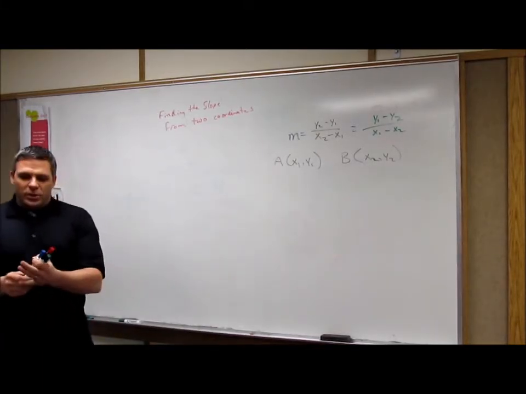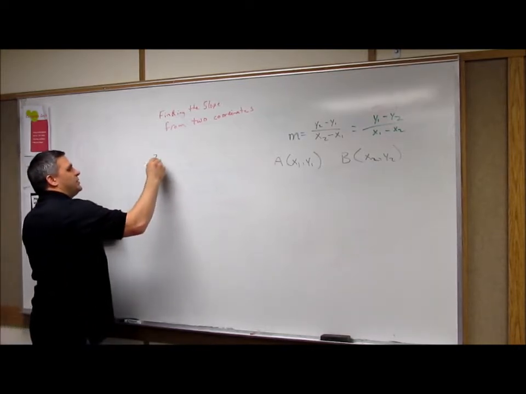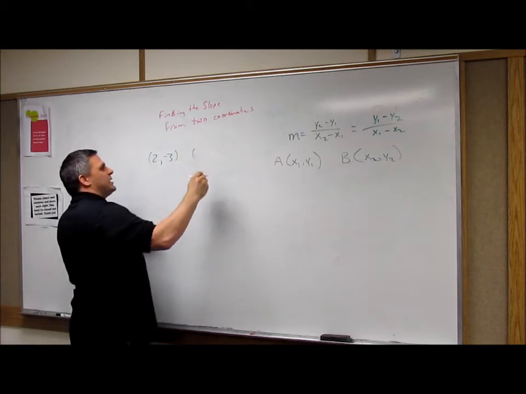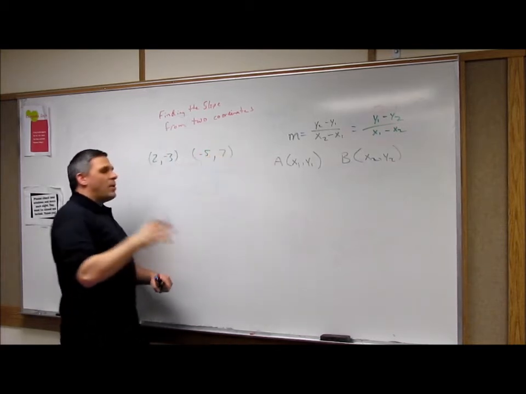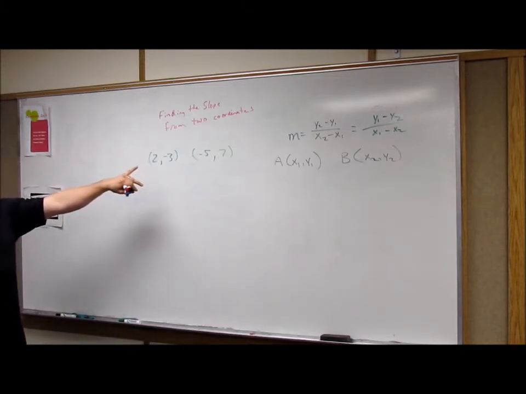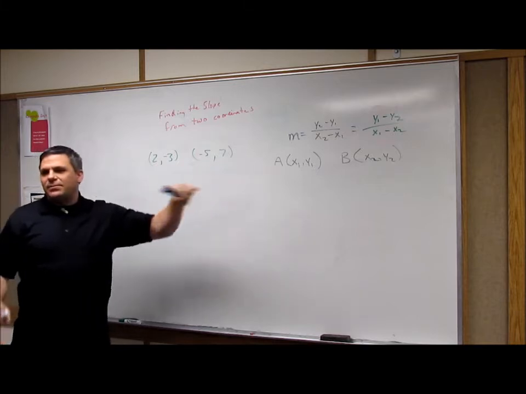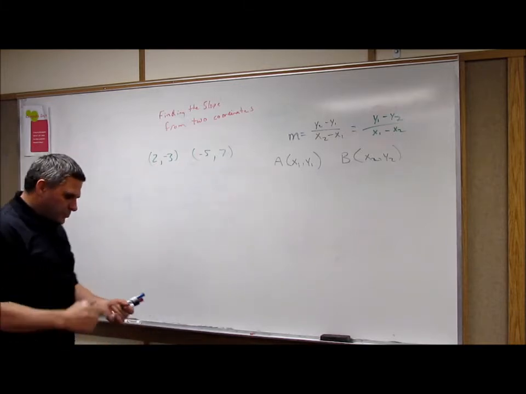Basically, I give you two coordinates, okay? Let's just say 2, negative 3, and negative 5, 7. I want to give you numbers that have nothing to do with each other. No numbers are the same, because it's easier when no numbers are the same.